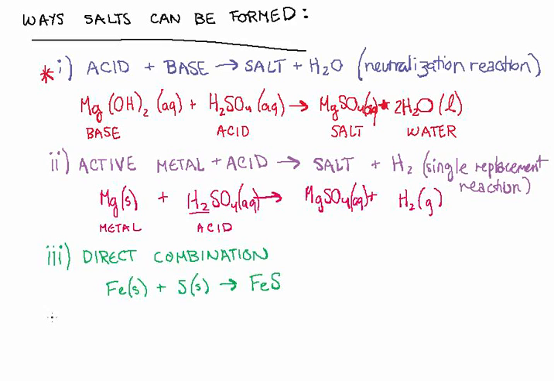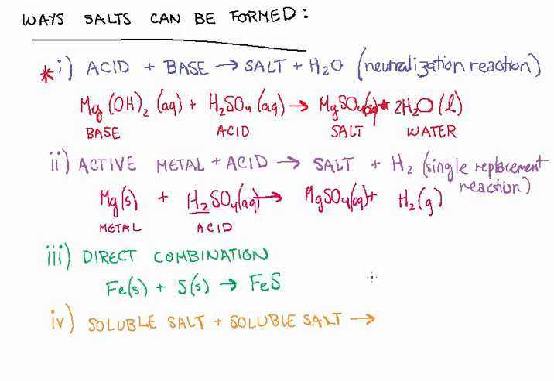So, another thing that we see from time to time is we will see a soluble salt in an aqueous solution, and another soluble salt in an aqueous solution combining.